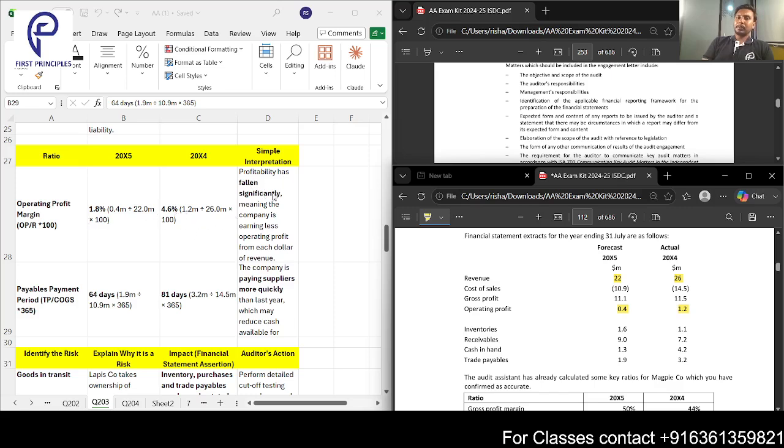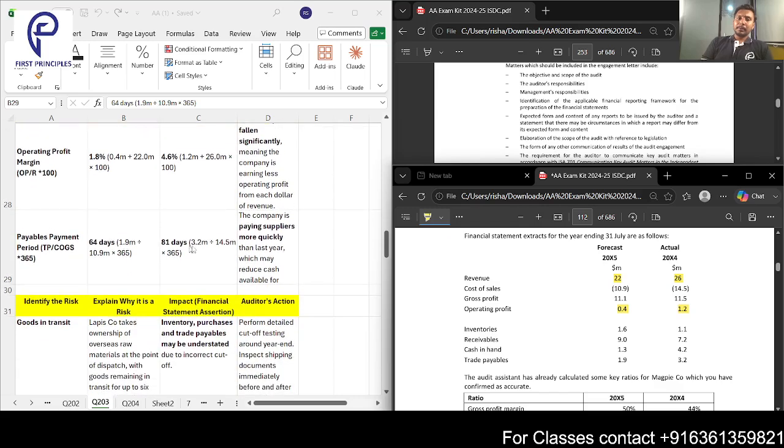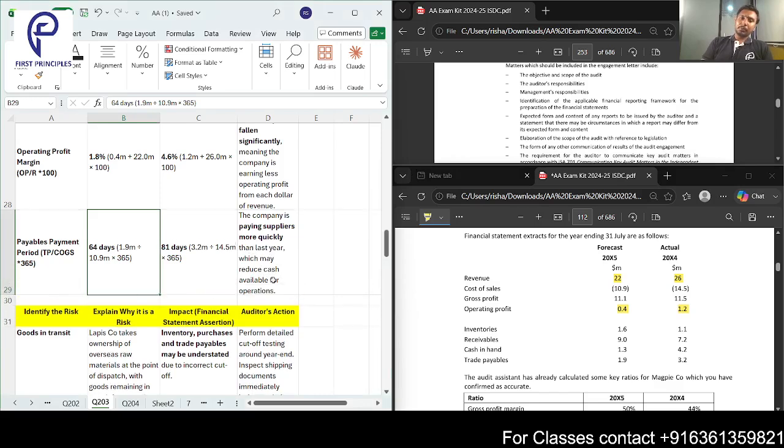So it has fallen significantly, meaning the company is earning less operating profit on each dollar of revenue. Payables, 81 has gone to 64. The company is paying suppliers more quickly, which may reduce cash available for operations for the company, less cash will be available.